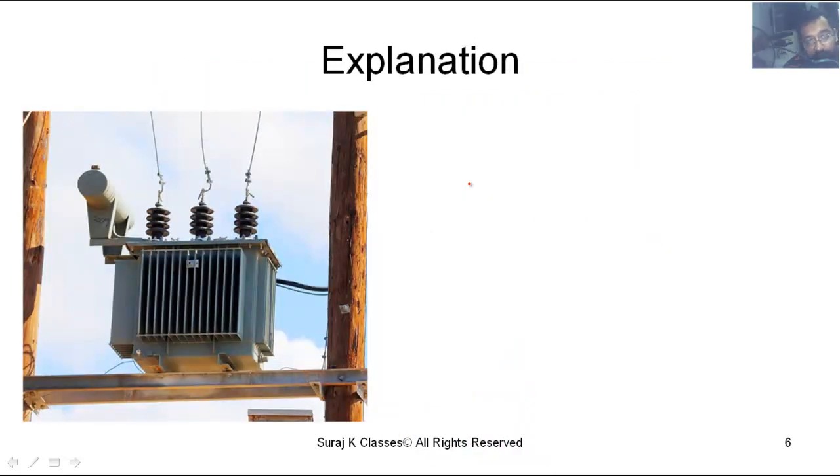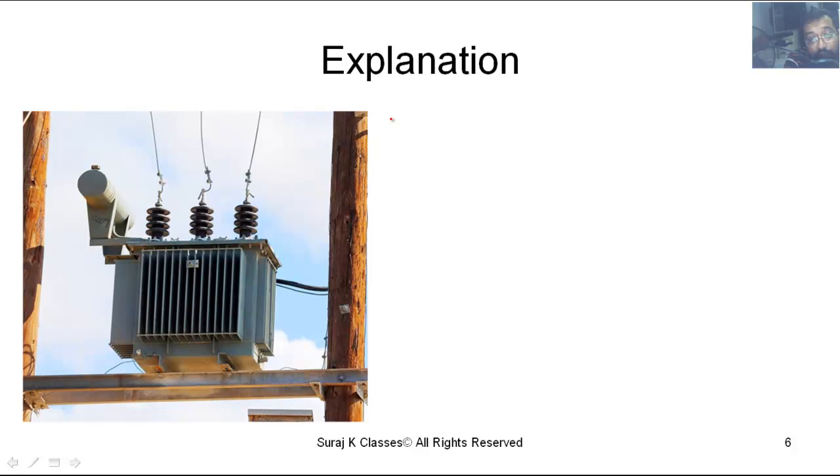Now let's have the explanation. I told you there are many things which we missed in the last transformer design. There are different designs of transformers that depend on their voltage levels.